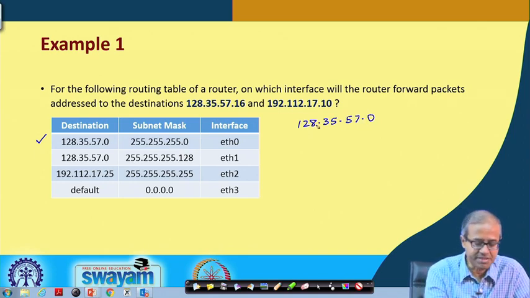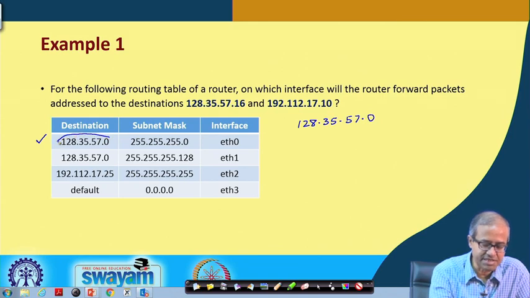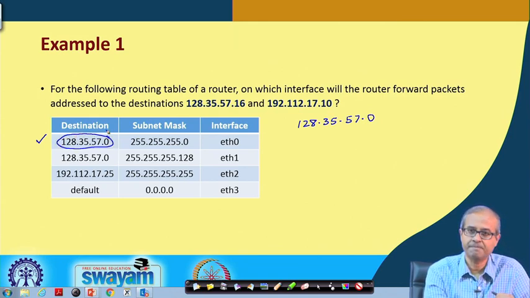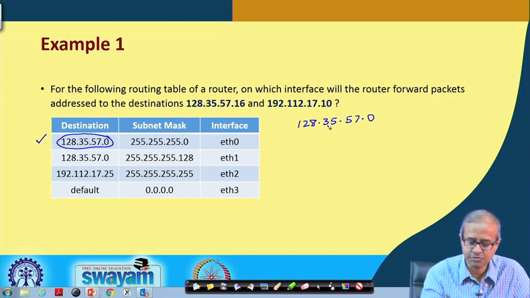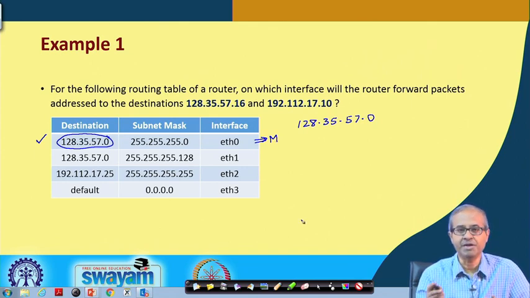Now, if we compare this with the destination address out here, you see that there is a match, right. This is exactly the same as this. So, in the first row you get a match, but in the routing table you do not stop here, you also check the other rows. I will tell you why.